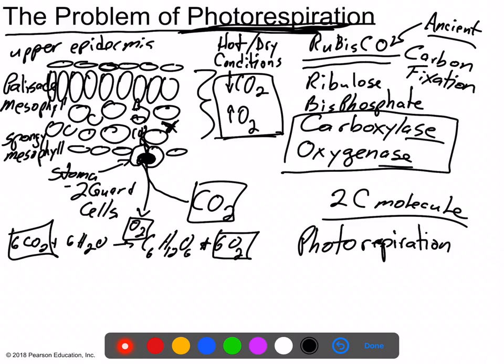Okay, so what kind of plants have this issue? It turns out that it's the majority of plants. So you've experienced this. What happens under hot, dry conditions if you don't provide enough water to your plants? They show signs of dehydration.